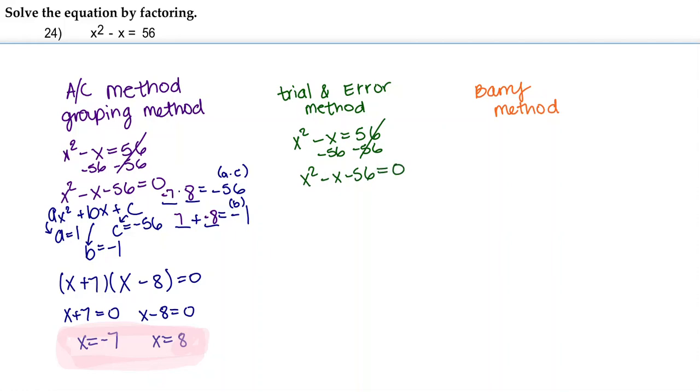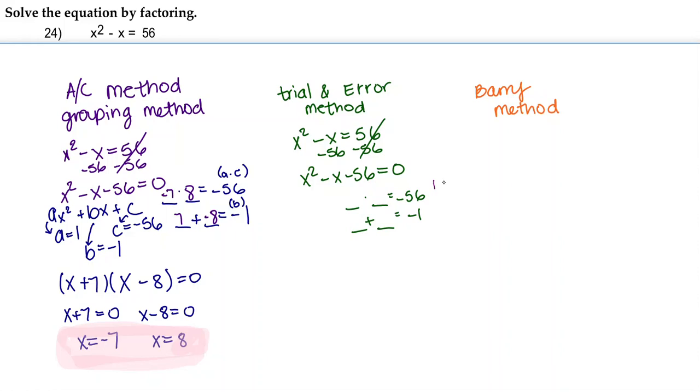Now in the trial and error method, we're going to multiply the first coefficient and the third coefficient. So here we have 1 times negative 56, which gives us negative 56. And we're going to try to find factors that multiply to make negative 56 that also add to make negative 1.